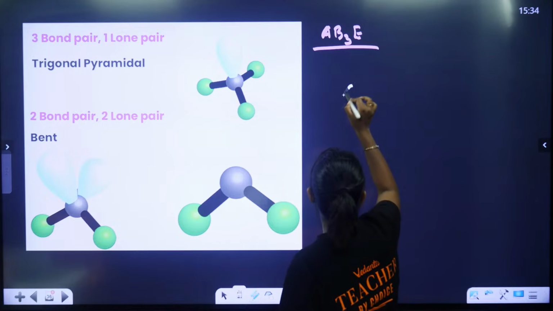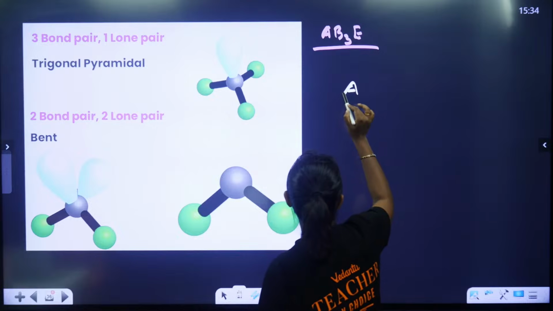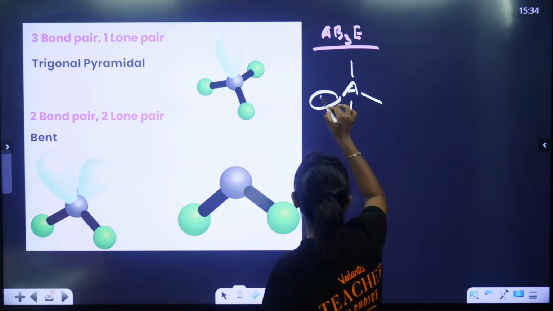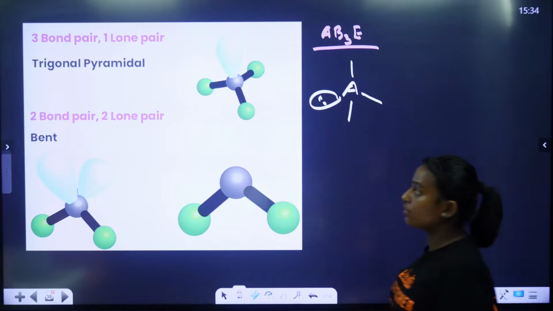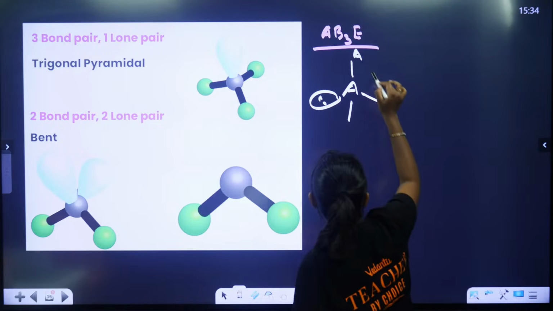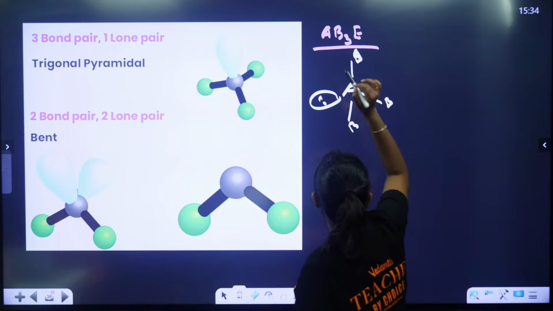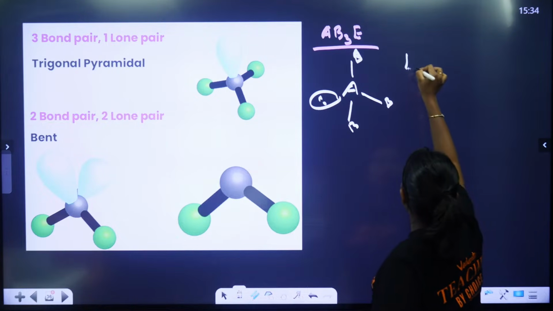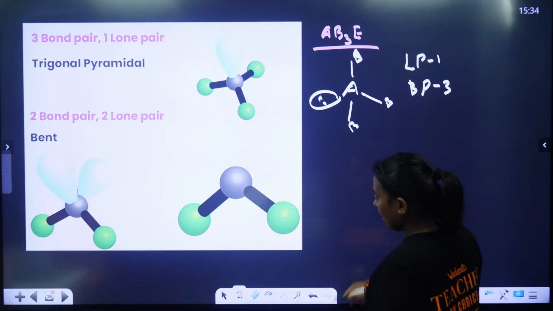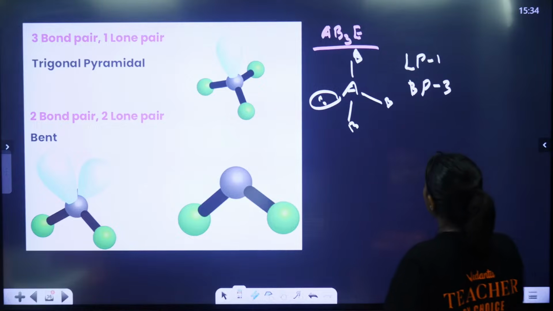So I will draw A. One is lone pair. So what is the structure? Here it is B. Lone pair is 1, bond pair is 3, and next point is the shape and geometry.